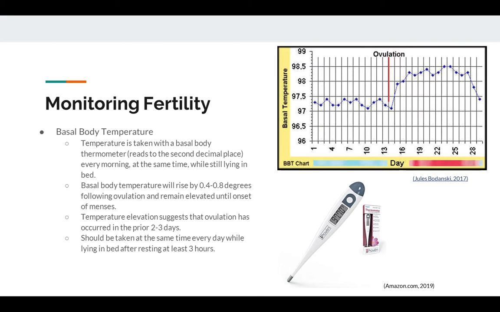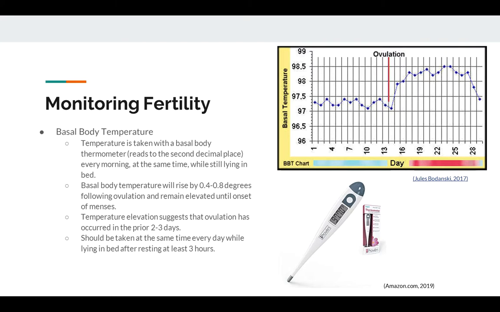Okay, so there's a number of ways we can monitor fertility. As we discussed briefly in the previous presentation, basal body temperature is another way of monitoring fertility that also considers the physiologic responses of the woman's body to those hormones and ovulation.